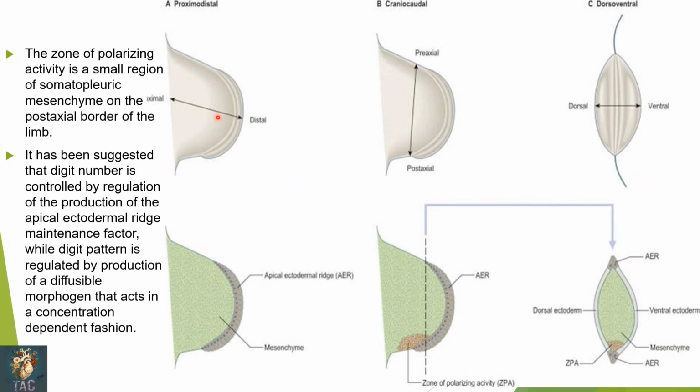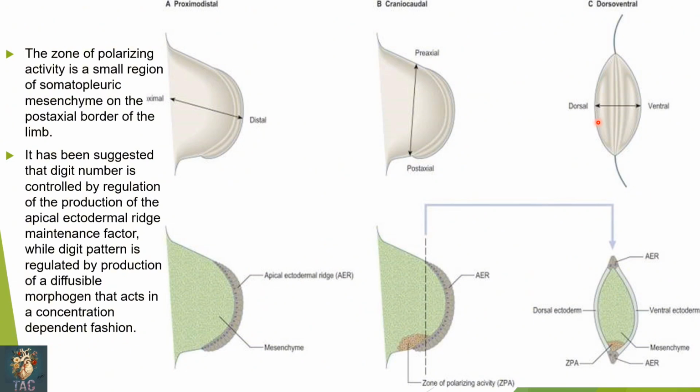Next is the craniocaudal axis. The border which is cranial to this developing area is at 90 degrees to the proximo-distal axis. This line is called the pre-axial border, and this one is called the post-axial border. The axis which forms from the pre-axial to the post-axial border is called the craniocaudal axis.